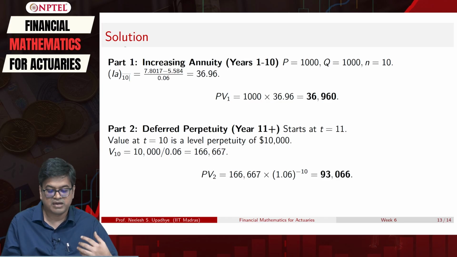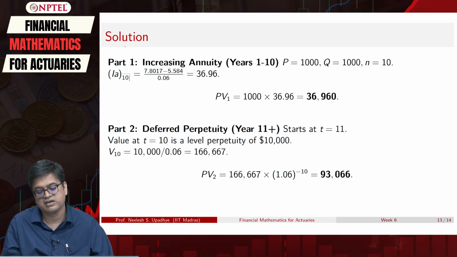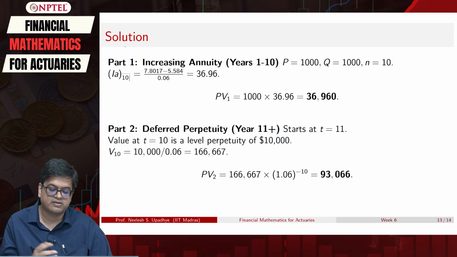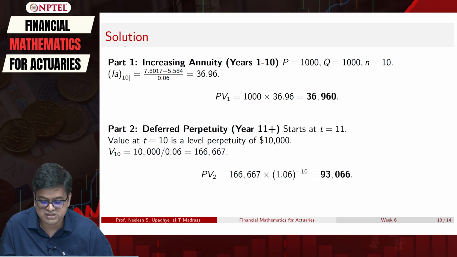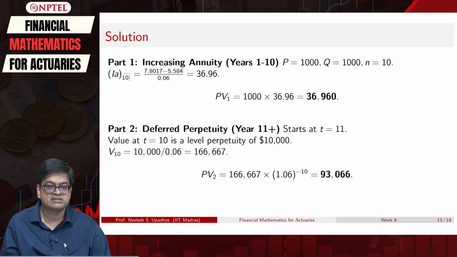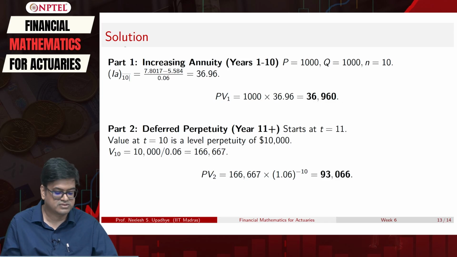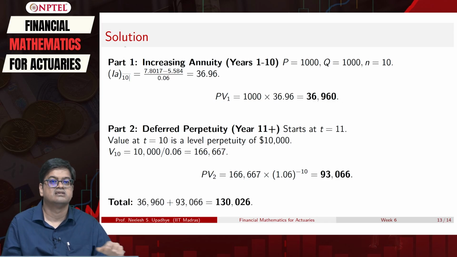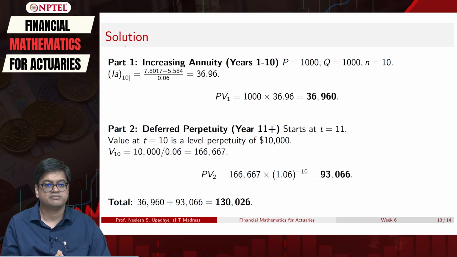So, I will multiply by V raised to 10, which is 1 upon 1.06 raised to 10, which is 1.06 raised to minus 10, and therefore, the value is 93,066. What is the final answer? Sum of these two values. So, just sum them, and that is what your final answer is. That is what will be your present value, right.